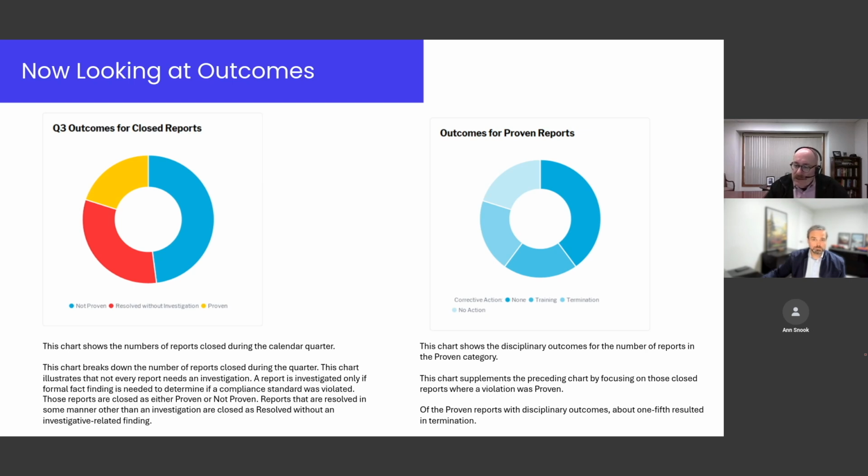My concern is that the investigative activity might be done, and when you determine that the violation has been proven, that doesn't do the organization any good unless action is taken as a result of your findings.